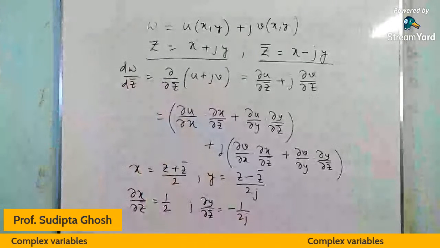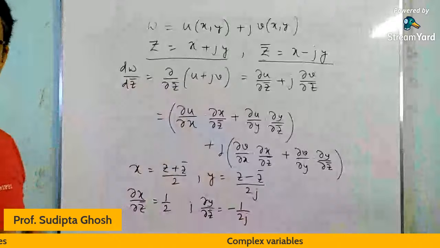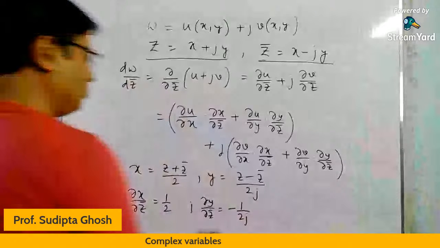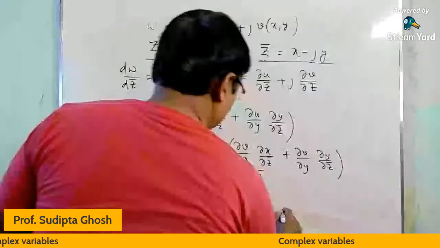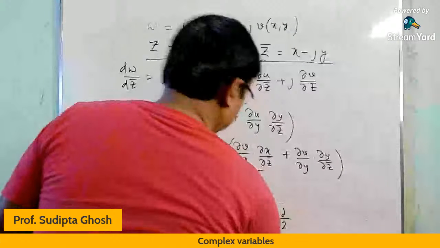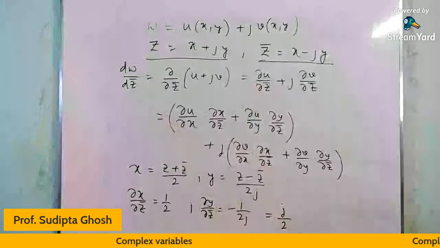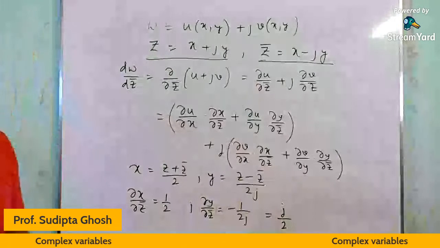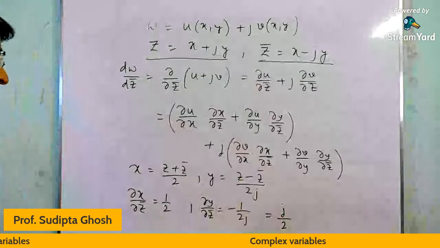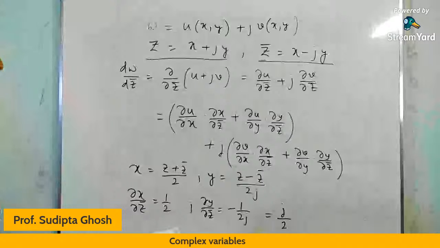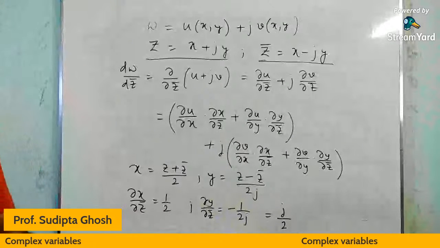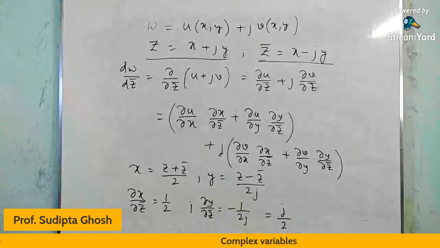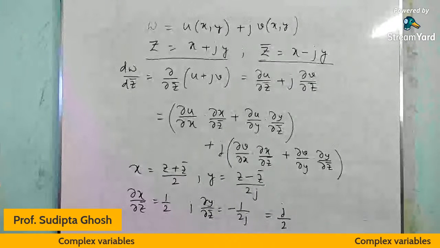Now multiplying j in both the numerator and denominator, we get j squared, that is minus, and the minus becomes plus, and it will be only j by 2. So we have calculated the values of ∂x/∂z bar and ∂y/∂z bar, and then we are going to put these values in the above equation.